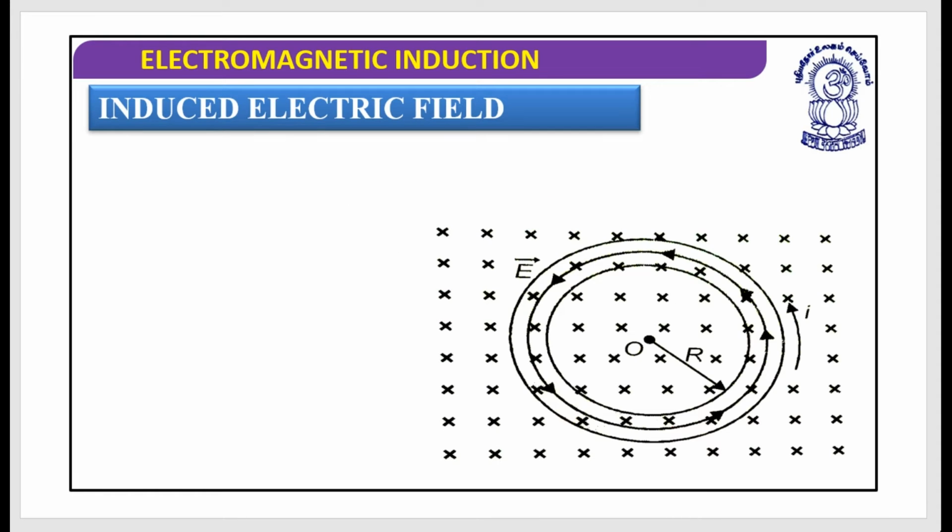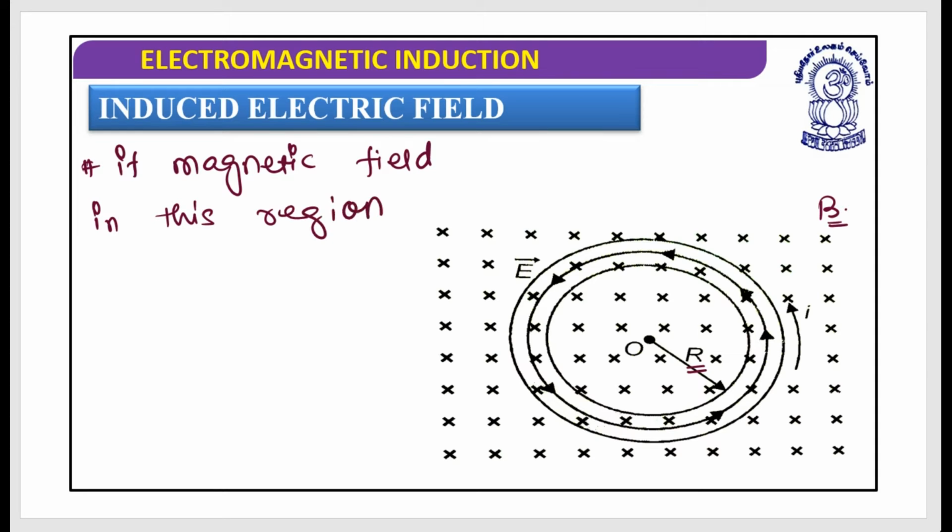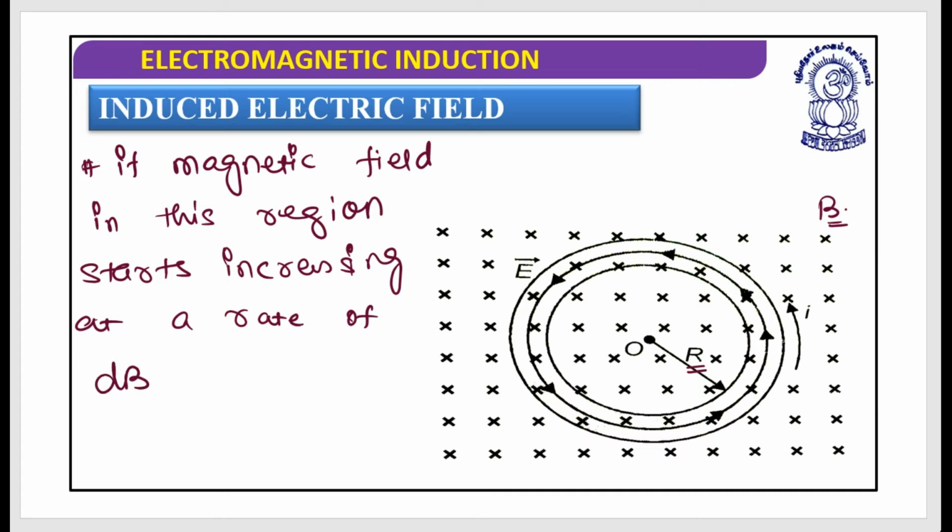Let's suppose we have a ring having the radius r, and that ring has been placed in a magnetic field. This magnetic field could be written as B. Now suppose the magnetic field in this region starts increasing at a rate of dB by dt.